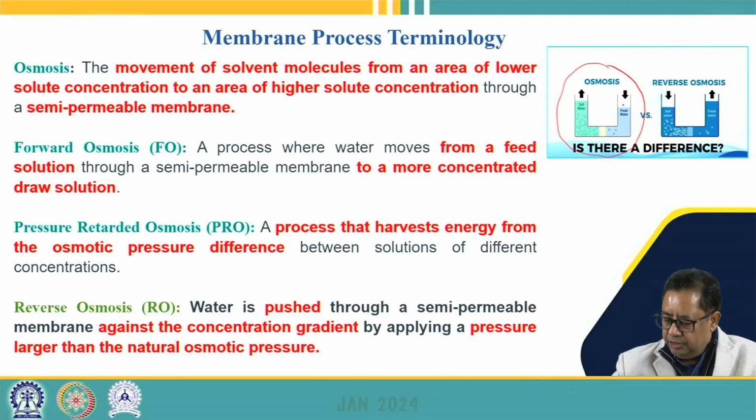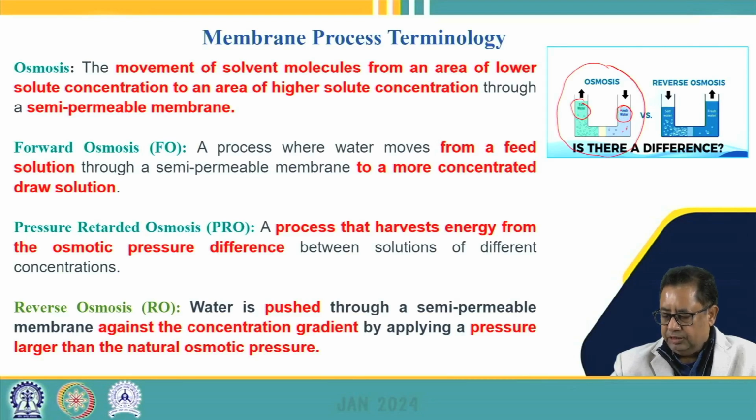One has fresh water and the other has a salt solution. The concentration of the solvent is higher in the fresh water, whereas it is lower in the salt solution. Similarly, the solute concentration in the fresh water is low, whereas the solute concentration in the salt water is high.